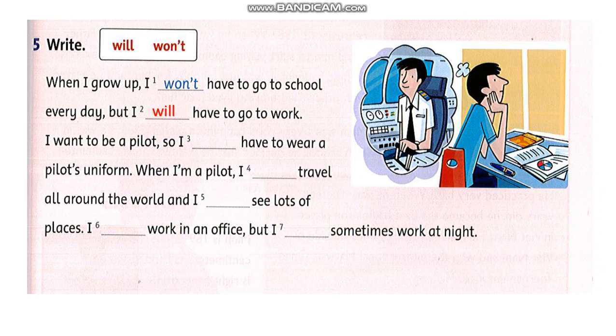Will. In the future, I will have to go to work. I want to be a pilot, so I will or I won't? Yes, I will. I will have to wear a pilot's uniform.